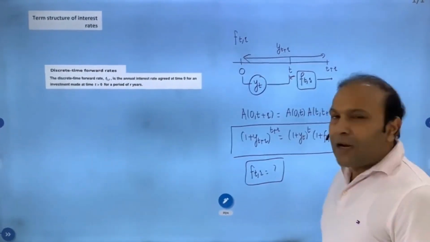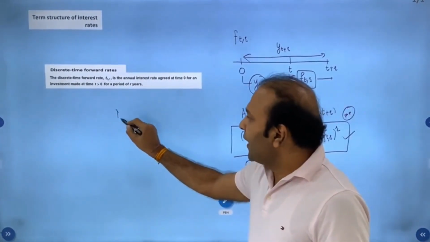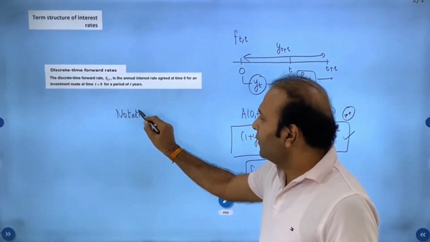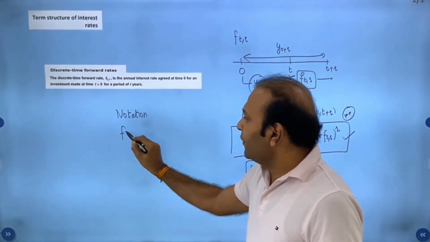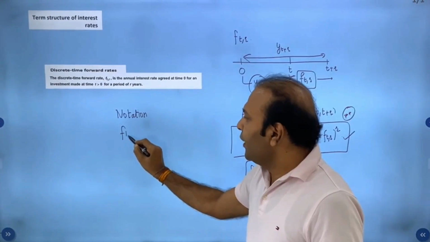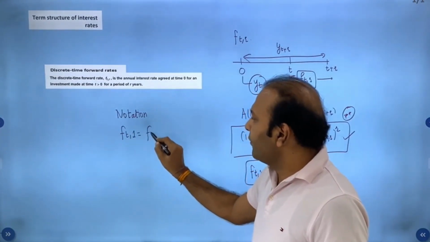Fine. Class, further there is one more notation which we are having. Class, f t comma 1, it is written as ft only.